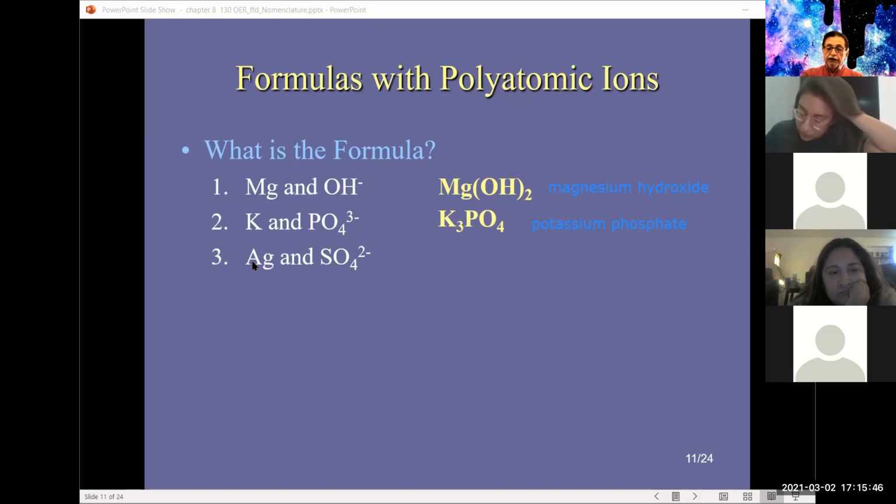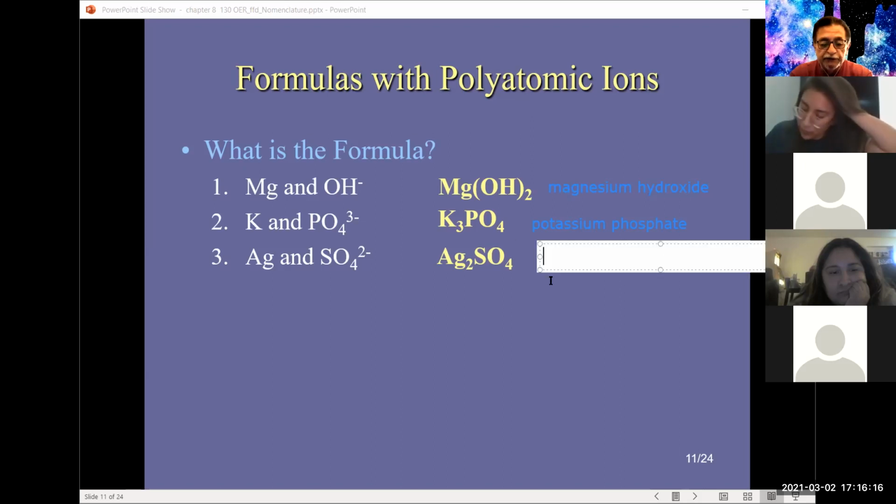So that means I'm going to need 2 of them to cancel out the -2 of the sulfate. And so our formula becomes Ag2SO4. Notice I only need 1 polyatomic ion for the phosphate and the sulfate, so we don't need parentheses here. Only when you need 2 or more do you utilize parentheses. So the name here would be silver sulfate.